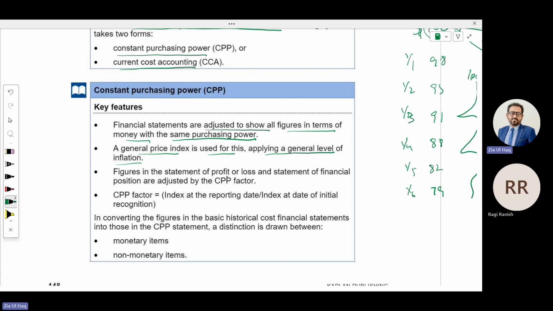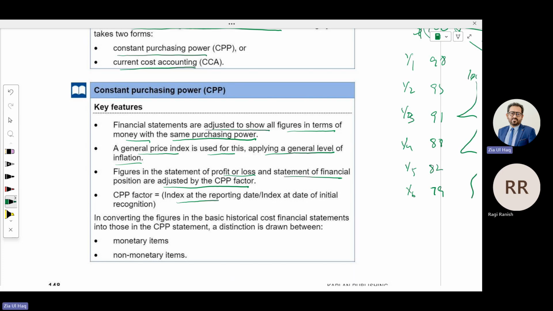Figures in the statement of profit or loss and statement of financial position are adjusted by the constant purchasing power, meaning inflation. And if we are recording figures in the financial statements adjusted by inflation, that is an alternate accounting called constant purchasing power costing.